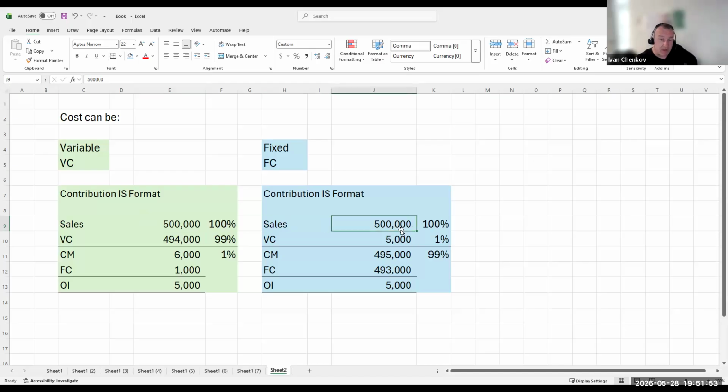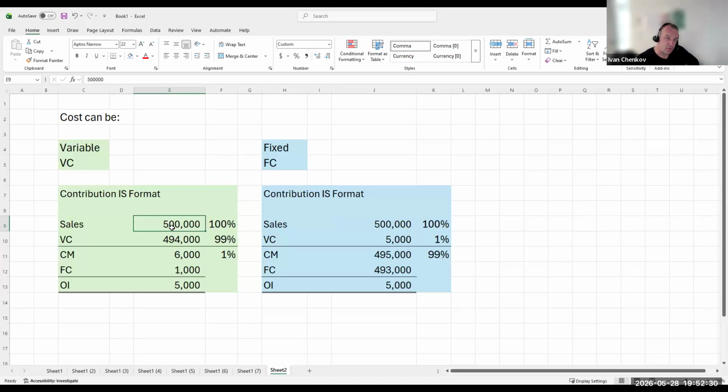Now, this company will be very dependent on the sales of the products. And if the sales drop by one unit, they're going to have a huge loss. Whereas this company is not going to be that heavily exposed to not selling one additional product. So that means their loss will be limited and they can live without selling one additional product.